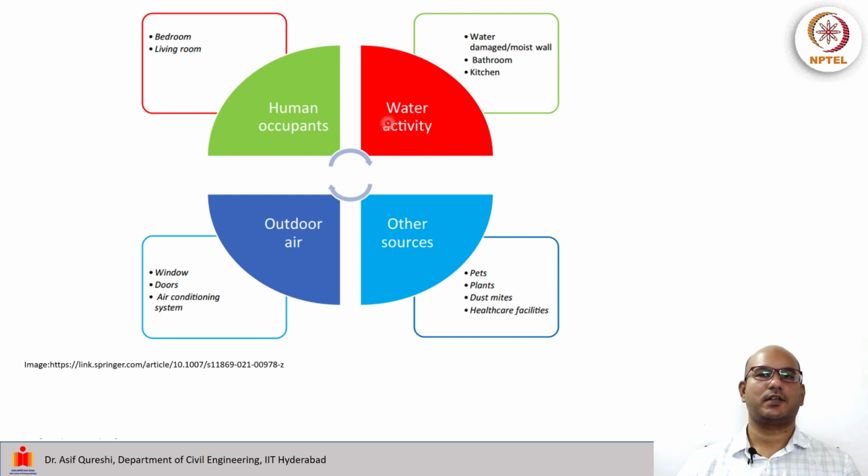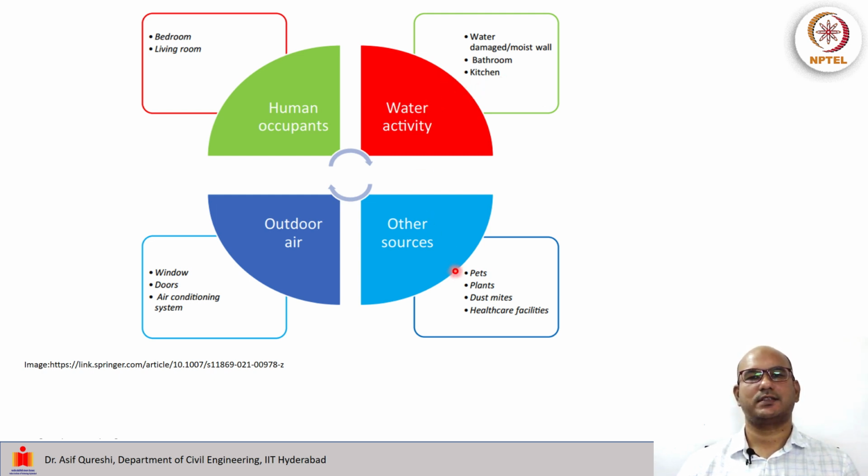Then related to water activity, because in a water damaged or moist setting, in an old house or a damp house, will lead to some biological growth. Biological growth can also happen in the bathroom. Then in the kitchen, where we may have old foods, this can happen.